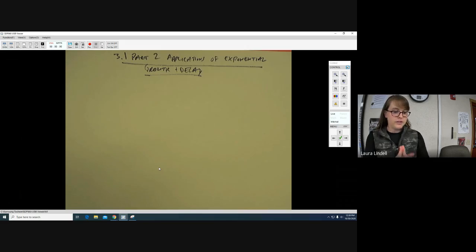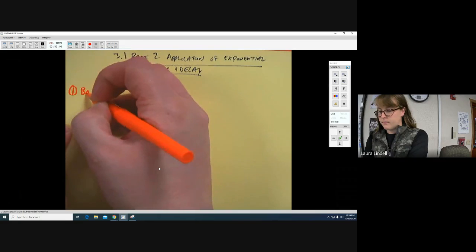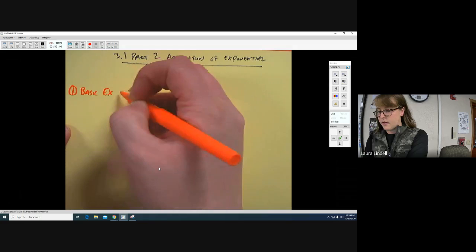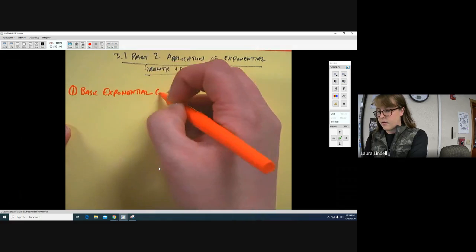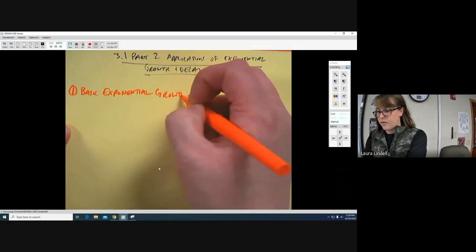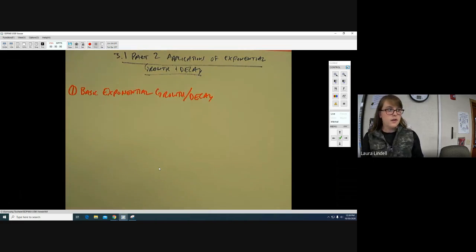So the first one's going to be just the basic exponential growth and decay model.